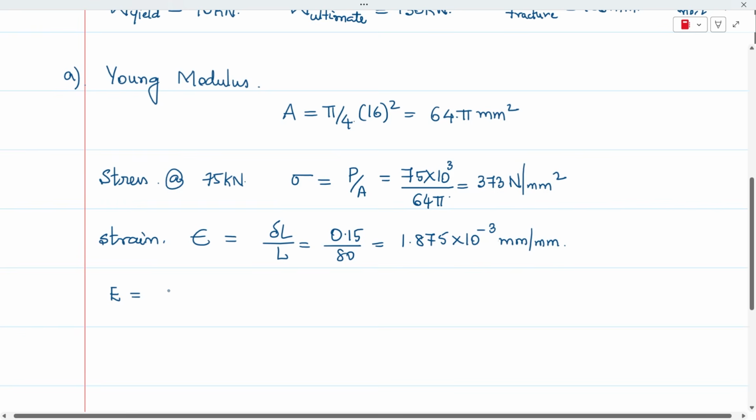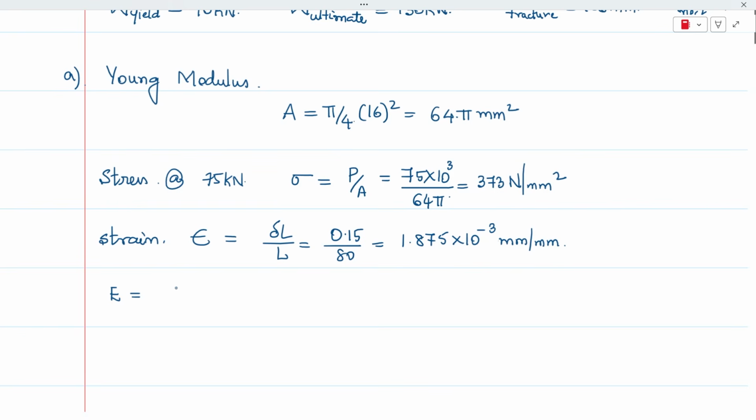E is equal to stress by strain, that is sigma by epsilon, which is 373 divided by 1.875 into 10 power minus 3. Upon calculation, the answer is closer to 2 into 10 power 5 Newton per mm square.